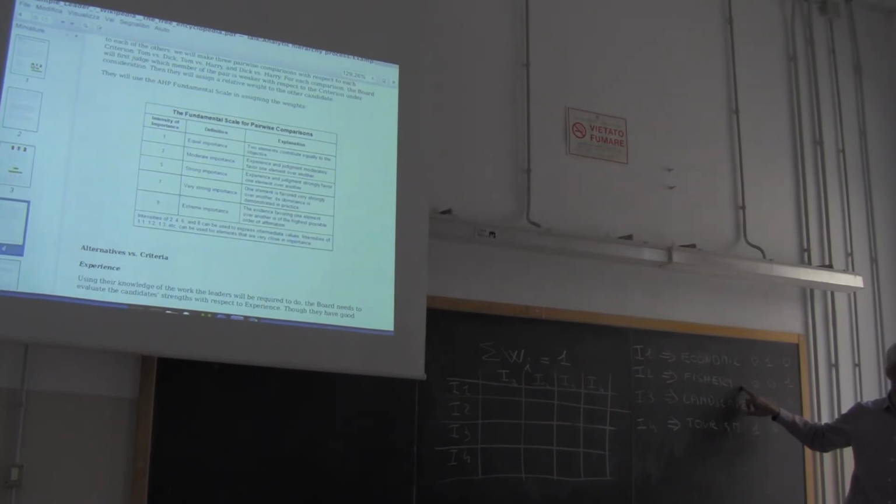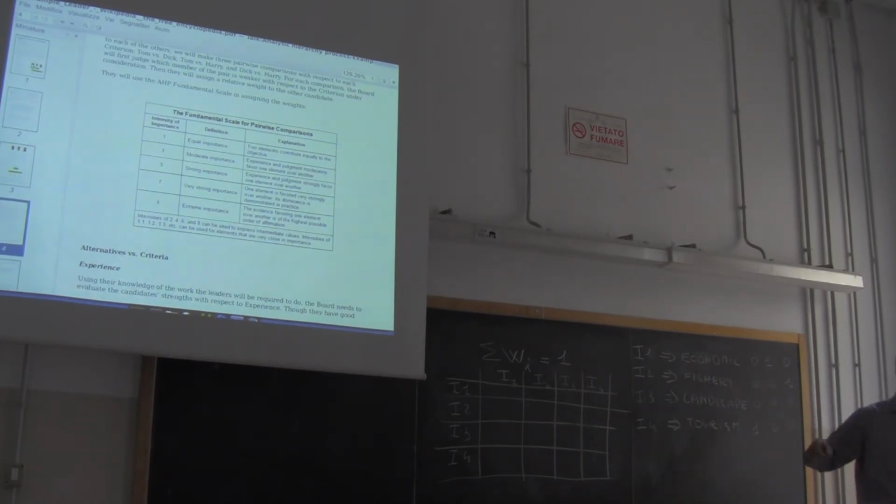Of course, the scale is extended to numbers below than 1, because when you turn to the opposite comparison, the importance of fishery with respect to economic, if in the symmetric comparison I compare economics with fishery I give a score of 9, which means economics is much more important than fishery. When I compare fishery with economics, I have to give a score of 1 over 9.